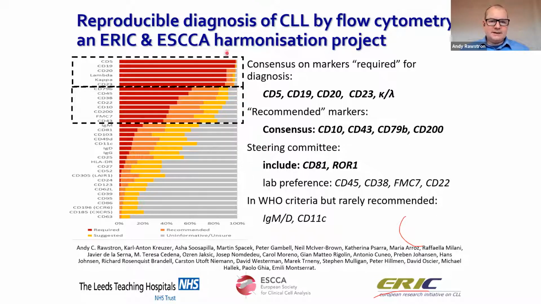And there was a clear indication that you couldn't make a diagnosis of CLL without looking at CD19, CD5, CD20, CD23 and a clonality assessment, but also recommended was to say that the cells were CD10 negative, CD43 positive, CD200 positive, CD79b weak. And it was felt by the steering committee, the people on this group, that also CD81 and ROR1 would be useful, particularly for looking at monitoring.